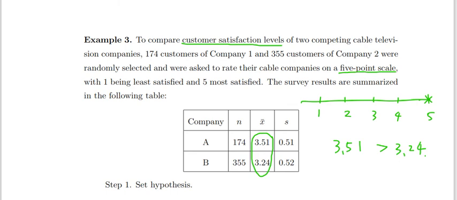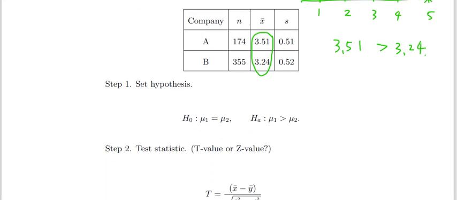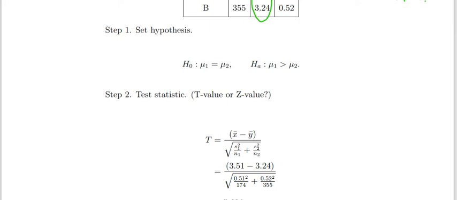Then we set this as a testing problem, comparing two samples. First, the null hypothesis: mu1 equals mu2, the averages have no difference. Then the alternative: mu1 is larger than mu2. Then check the test statistic, which is x bar minus y bar over the square root of s1 squared over n1 plus s2 squared over n2.